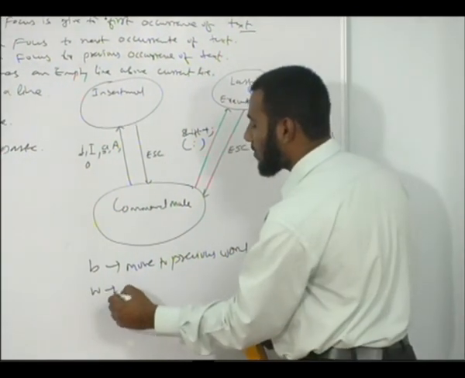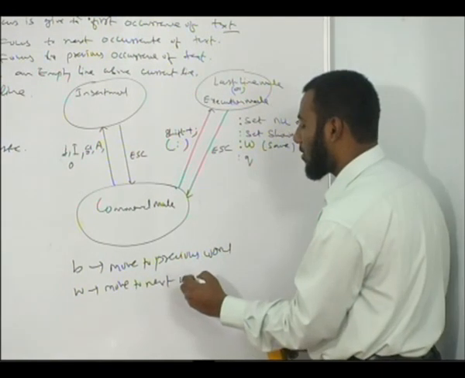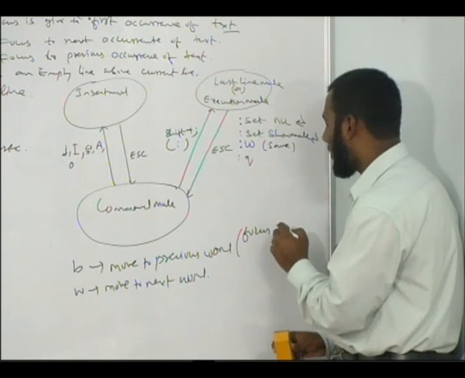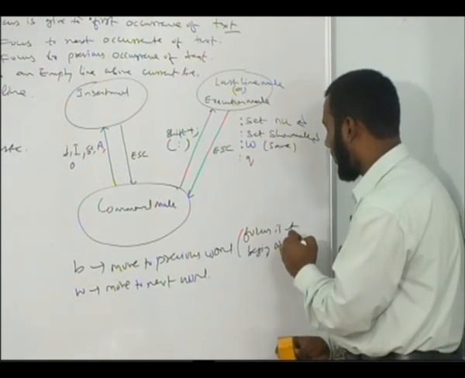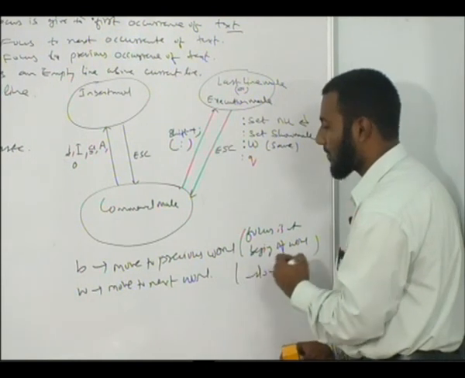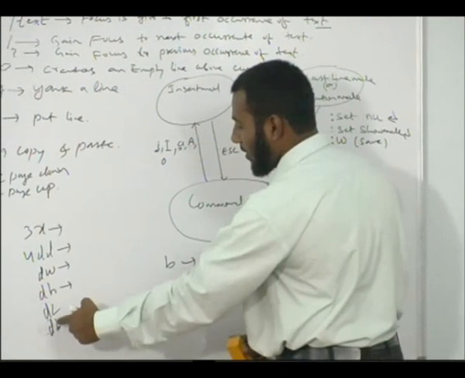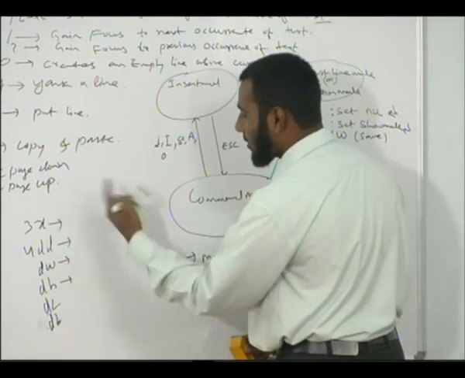And W means move to the next word. And focus will be at the beginning of the word. Okay, but when you append DB, it means it deletes the previous word. DW, it will delete the next word.